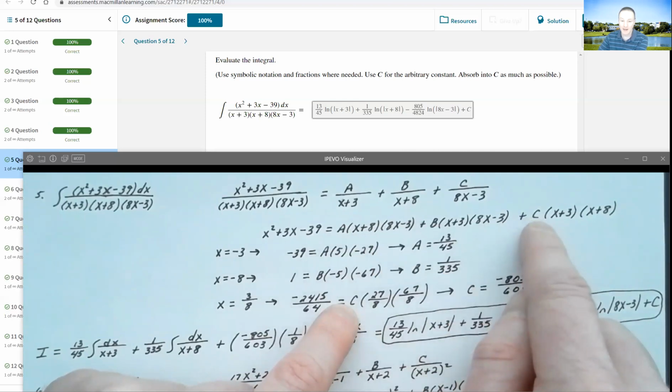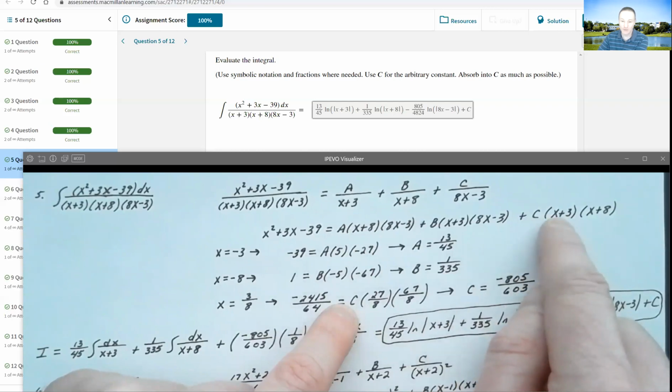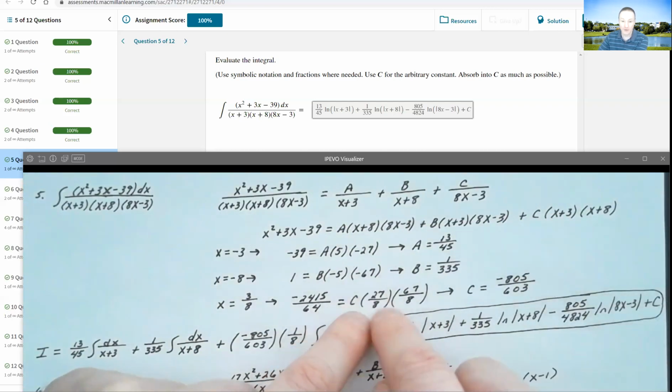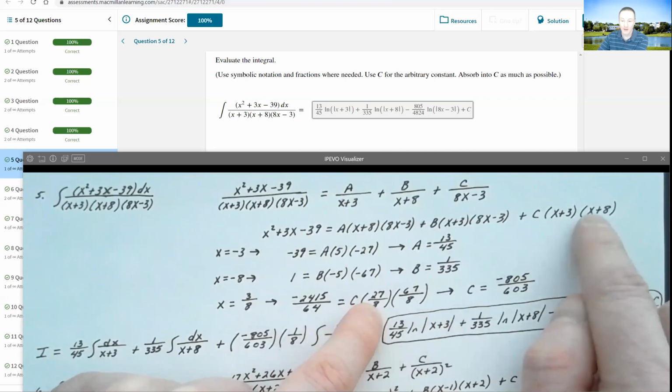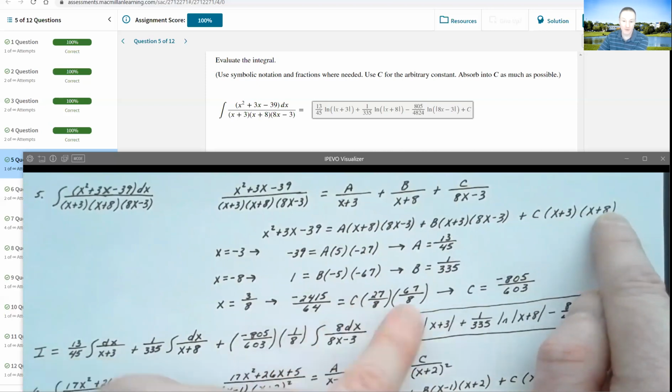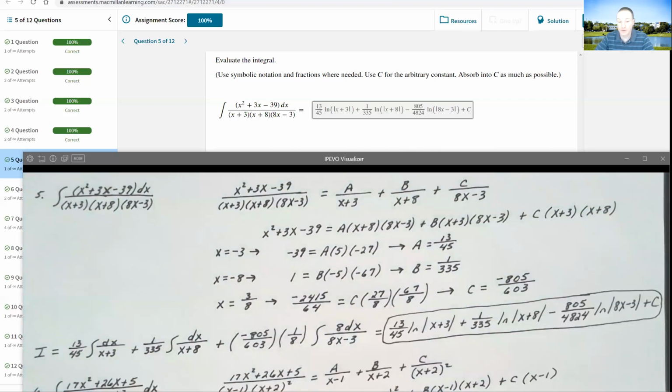On the right-hand side, when I plug 3 over 8 into this expression, you'd have 3 over 8 plus 24 over 8. That's where the 27 over 8 came from. Here you'd have 3 over 8 plus 64 over 8 for the 67 over 8. So then I went ahead and took the reciprocal of those two fractions.